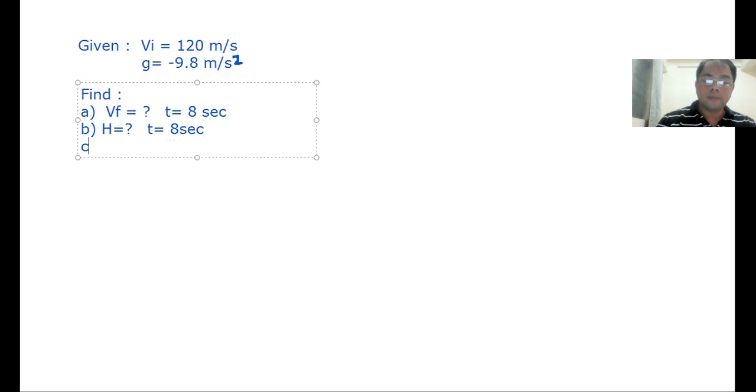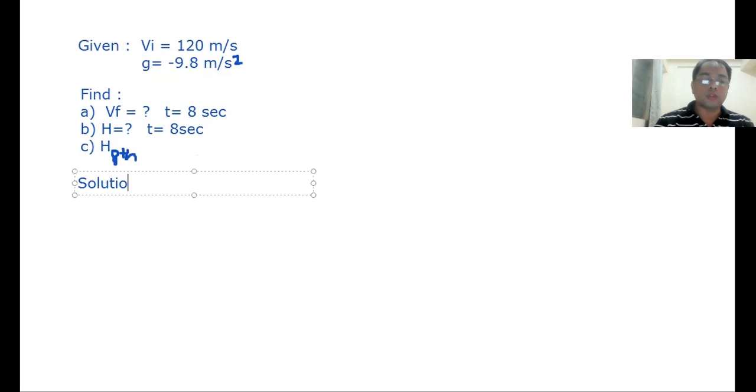And lastly, we will look for the distance traveled during the 8th second. So starting with our first item, let's start with our first solution. So letter A.